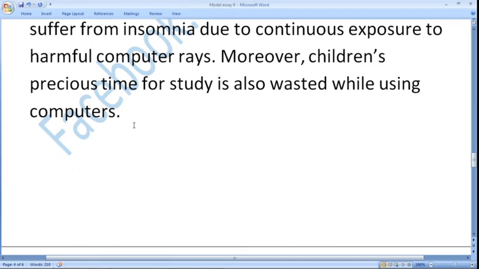Let us give an example. For instance, when they are doing their homework, they start playing games and they waste their time.